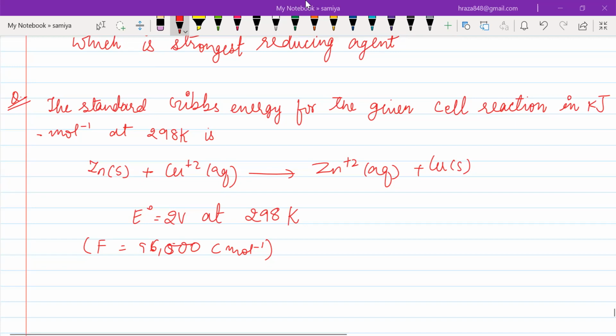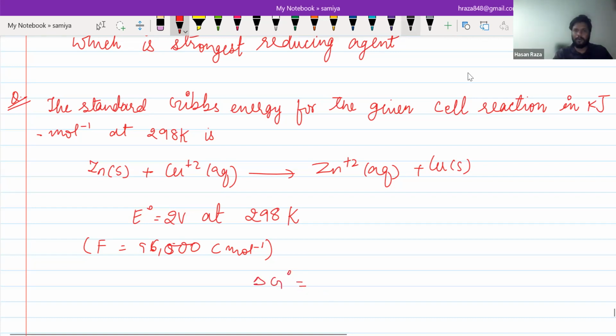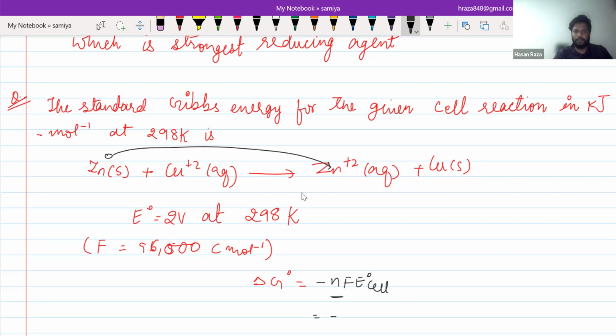Any answer? Is it minus 386? Let's see. Delta G naught has the formula minus n F E naught cell. Now you can see, number of electrons transferred: 0 to plus 2, it is going.